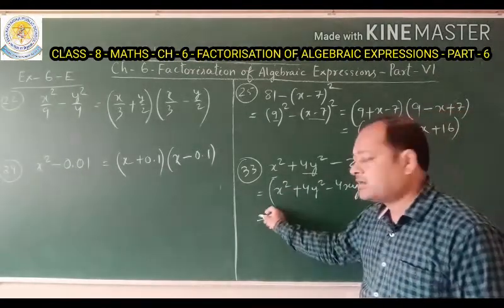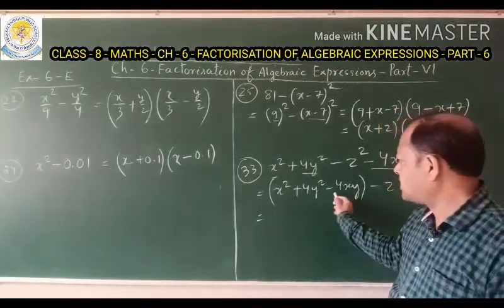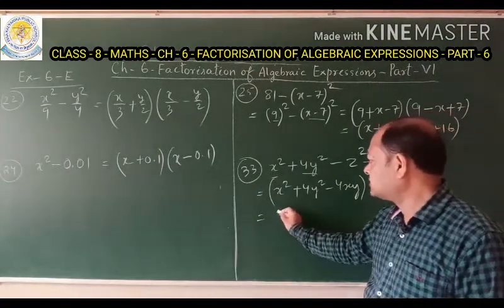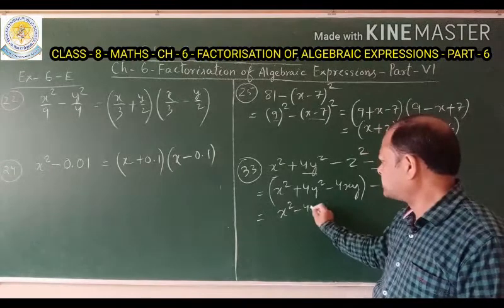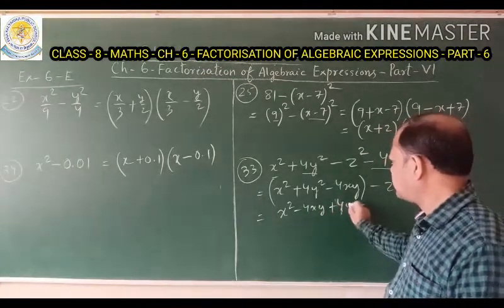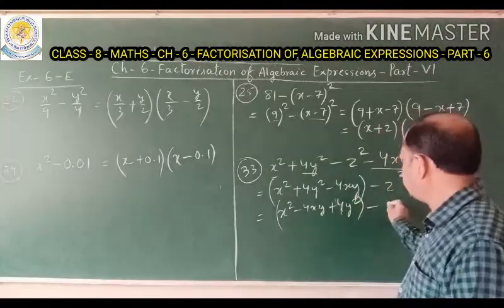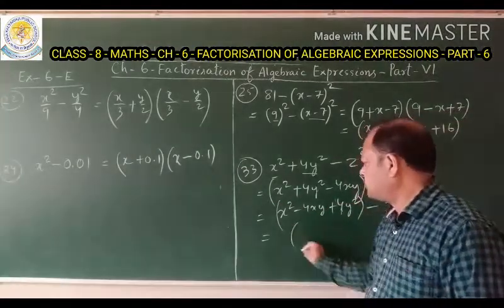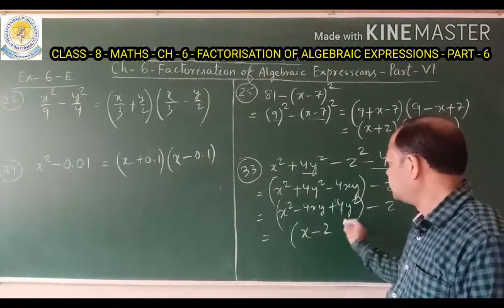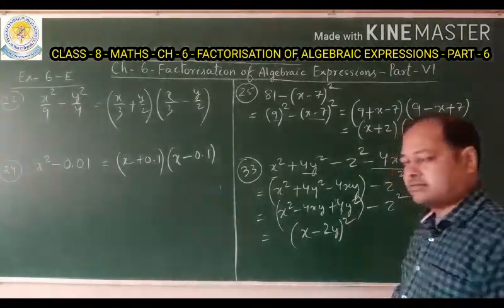What we observe is that we can write this in the form x square minus 4xy plus 4y square, minus z square. In this form we can write it as (x minus 2y) whole square.